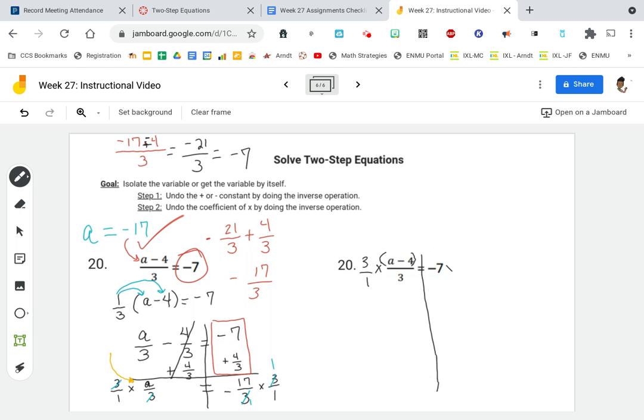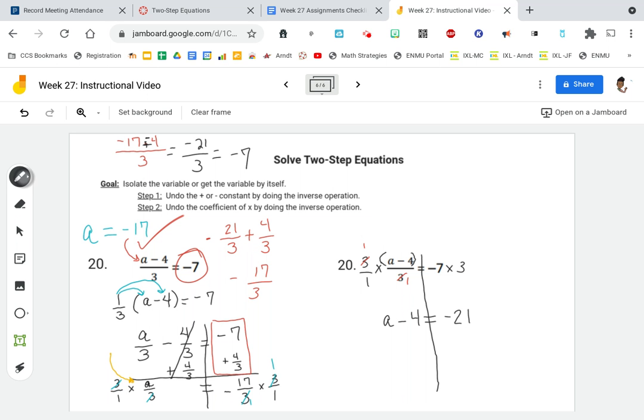And what I do to one side, I do to the other. And these 3's on top and bottom are going to simplify out, leaving me with just a minus 4 equals. And then on the right-hand side, negative 7 times 3 is negative 21.